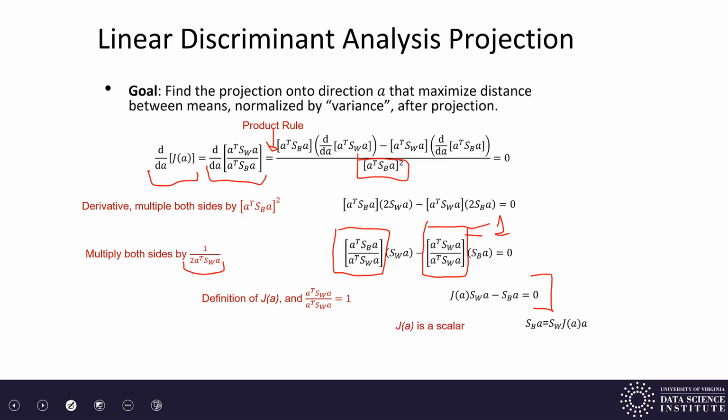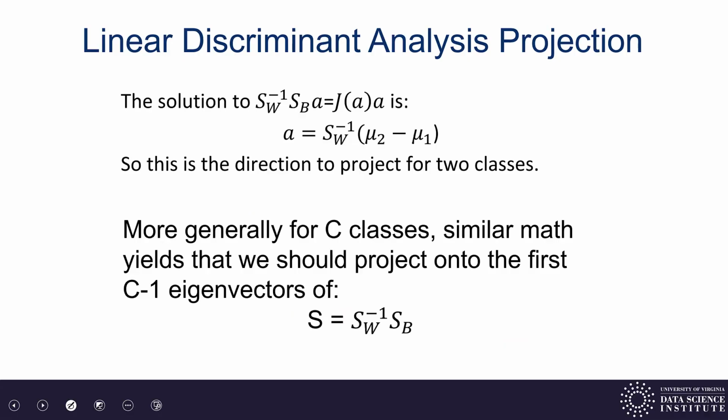We use the fact that J of A is a scalar, and we get to this formula. Then we multiply both sides on the left-hand side by SW inverse, and that's a matrix inverse, and we get this formula here. And so this is a generalized eigenvalue problem, and it tells us what A has to be. A has to be an eigenvector of that matrix right there, and J of A will be its eigenvalue.